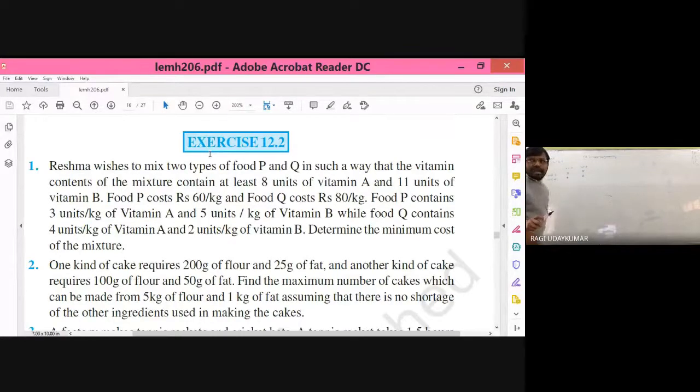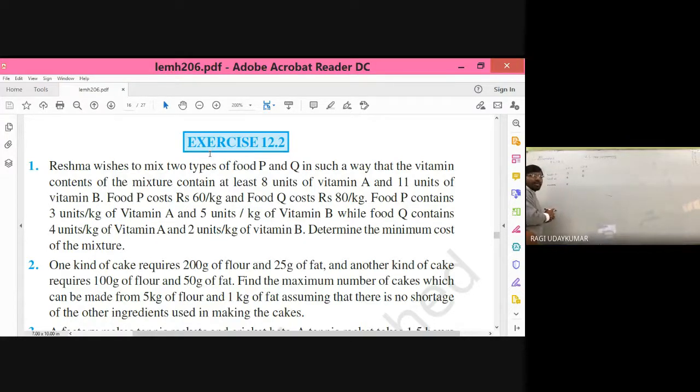Next, the requirement: the mixture of P and Q should contain at least 8 units of vitamin A. 8 units of vitamin A is required.